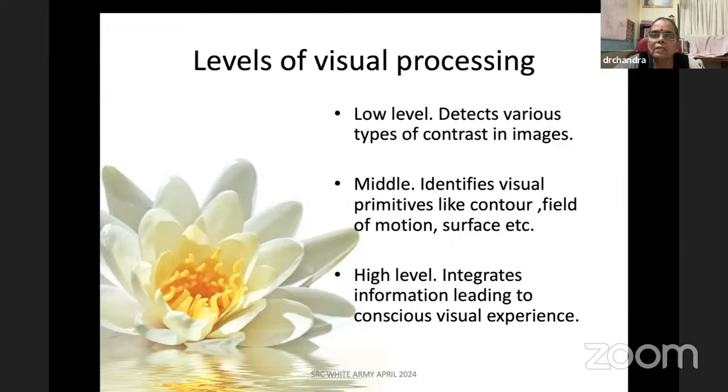At the low level, it detects various types of contrast in images, like lines, contours, and brightness. That is called the Gestalt principle. And at the middle level, it identifies the visual primitives like contours, field of motion, and surface.